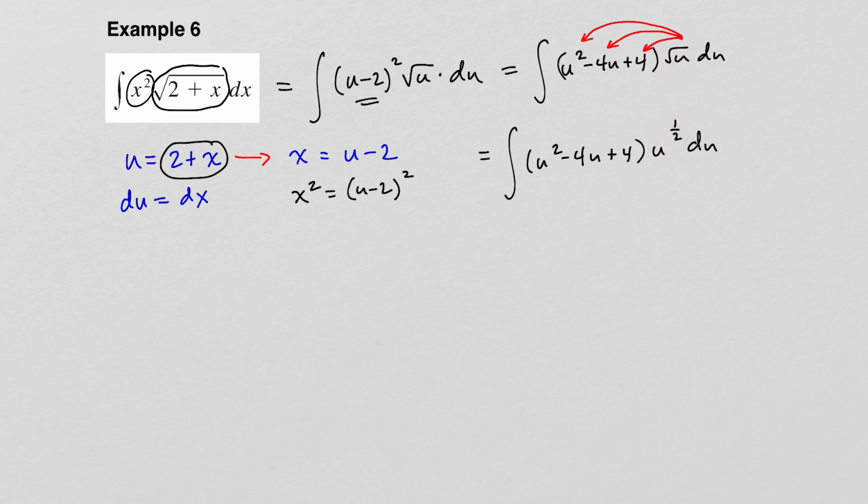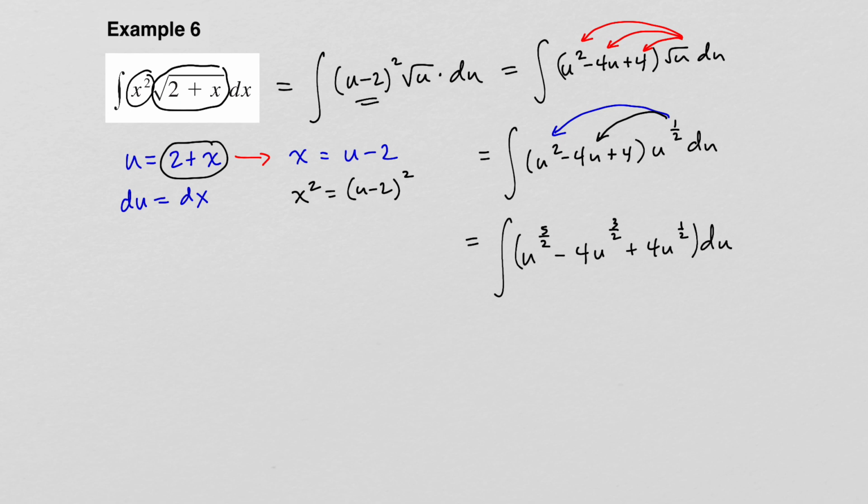That way, when you multiply these together, you can add the exponents. So this becomes u to the 2 plus 1/2, which is 5/2, minus 4 times u to the 1/2 is u to the 3 over 2, and then plus 4 u to the 1 over 2 du.